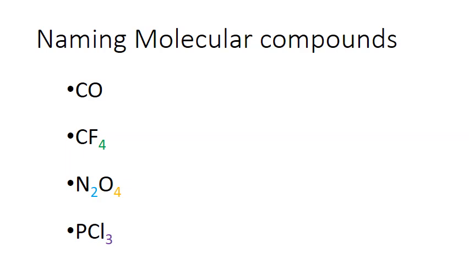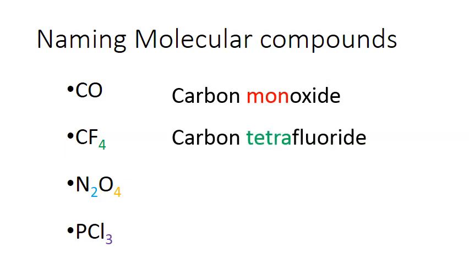So let's go through a few examples where we name molecular compounds. This first one is just carbon and oxygen, one of each. So it's going to be carbon monoxide. For the second one, we've got 1 carbon and 4 fluorine. The prefix for 4 is tetra. So this one's going to be carbon tetrafluoride.